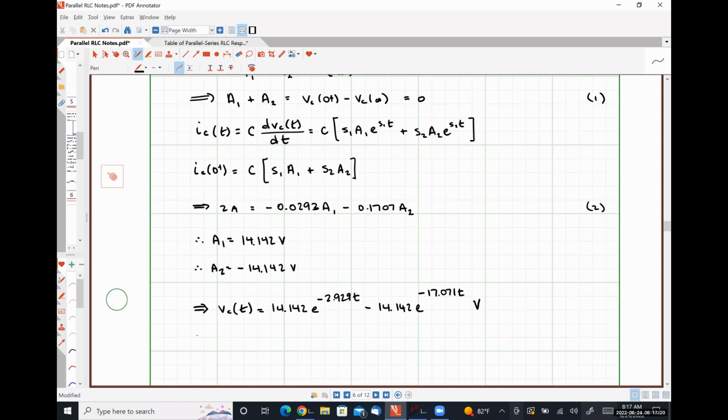And from here, VR of t was simply VC minus 20 volts.